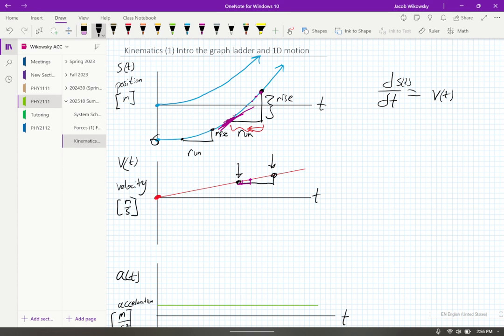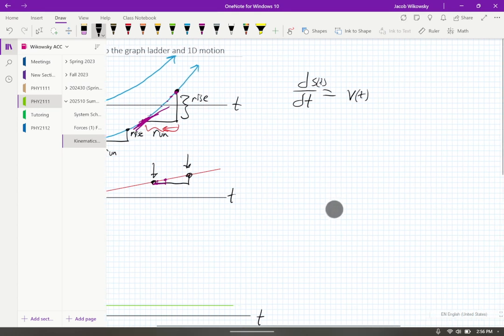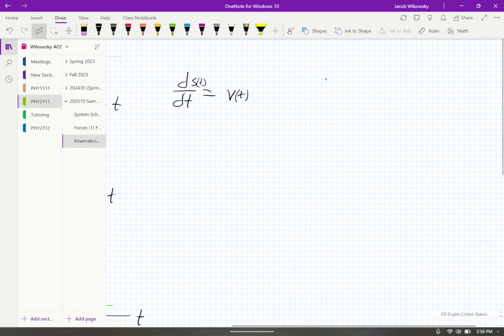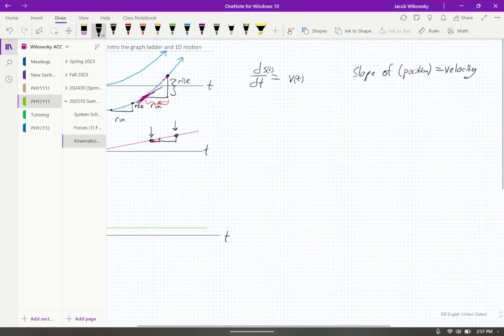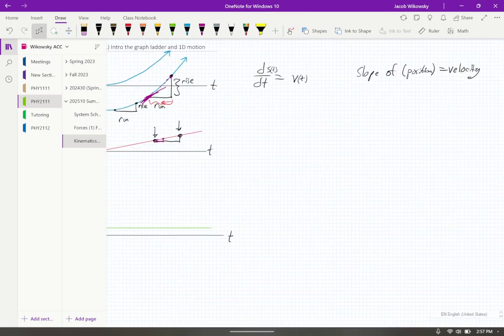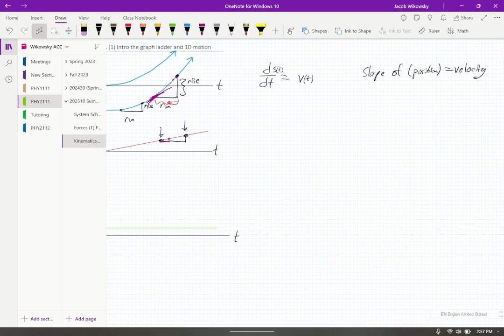This works at every single point. But the algebra-based version of this is just saying the slope of the position tells you about the velocity at any given point. This still helps us build sketches, figure out ideas, do that sort of stuff. And it works going down the graph ladder.